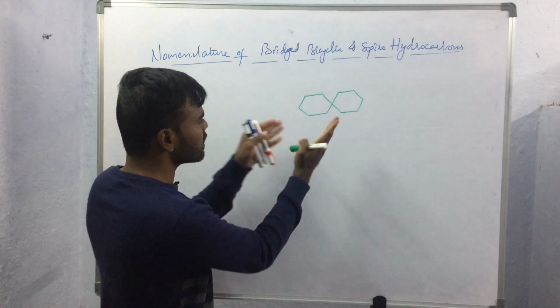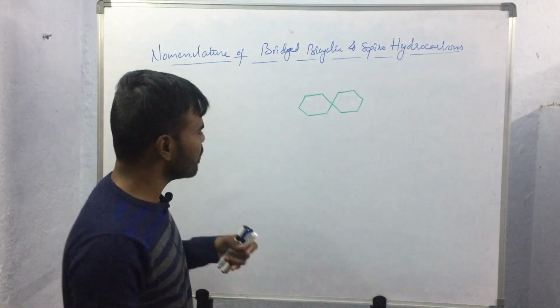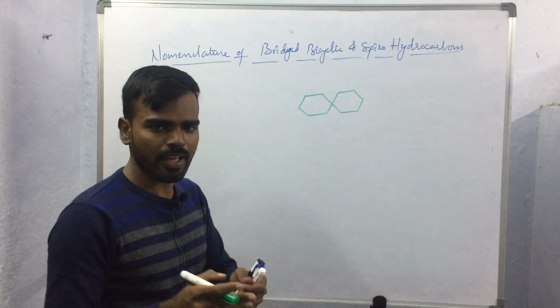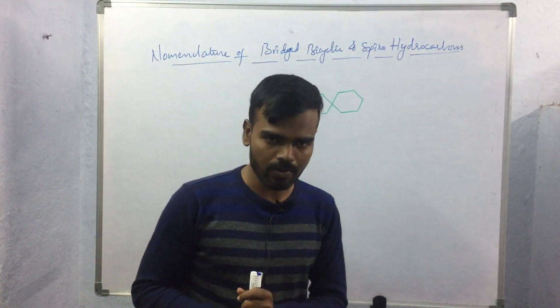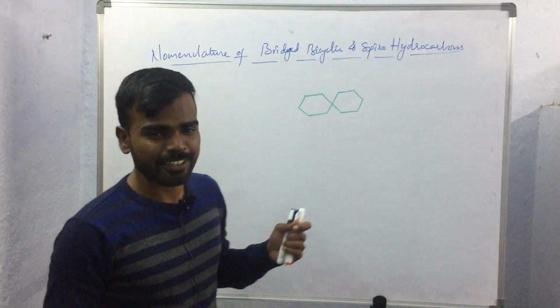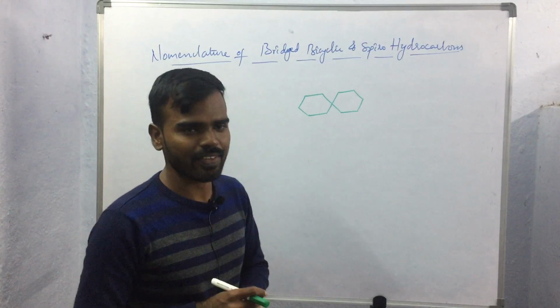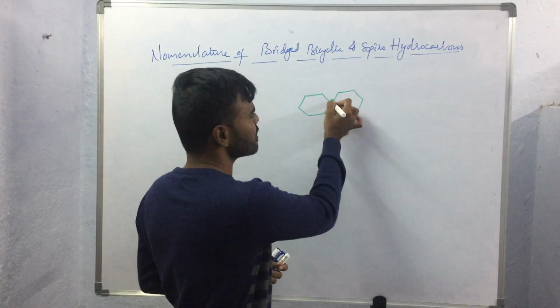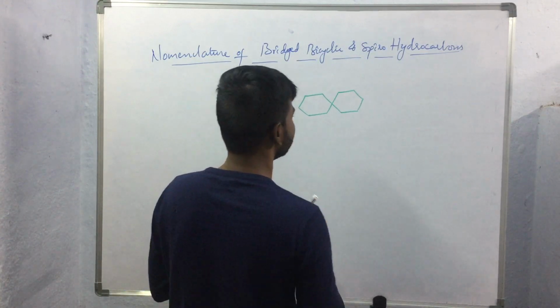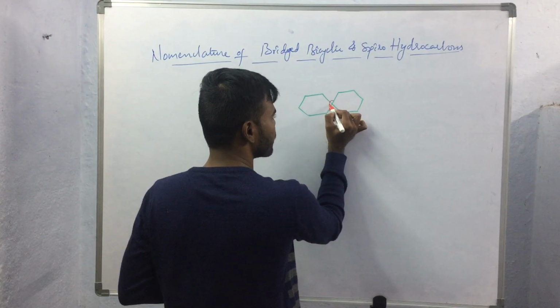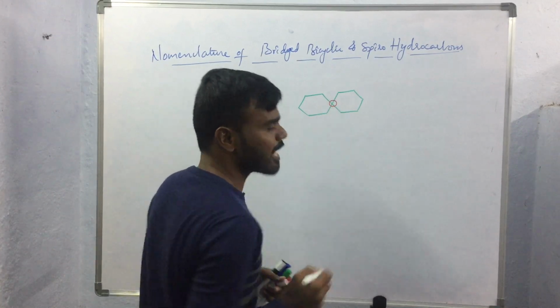While naming these spiro compounds also, we will be following the same rules that we followed in the case of bridged bicyclic compounds. But here we have only one exception: while naming spiro compounds, we exclude this common atom. We are not counting this common atom.